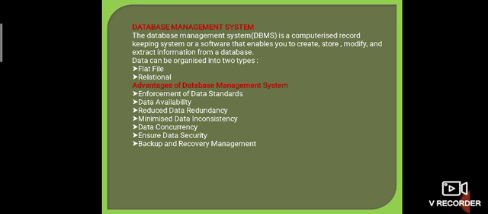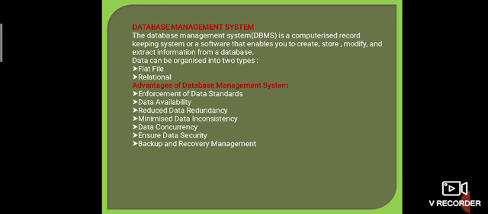Database management system. The database management system is a computerized record keeping system or a software that enables us to create, store, modify, and extract information from a database. We can say it allows different user application programs to access the same database concurrently.